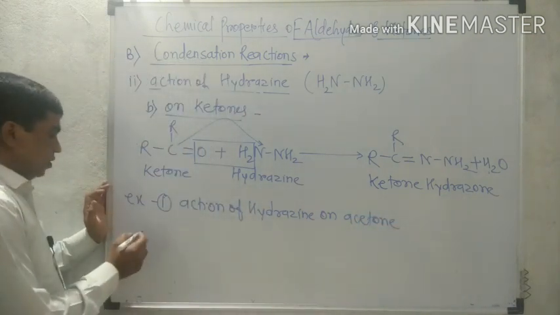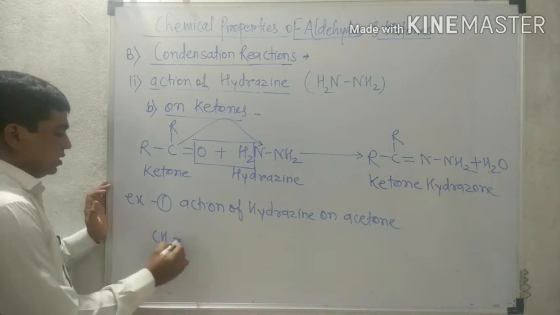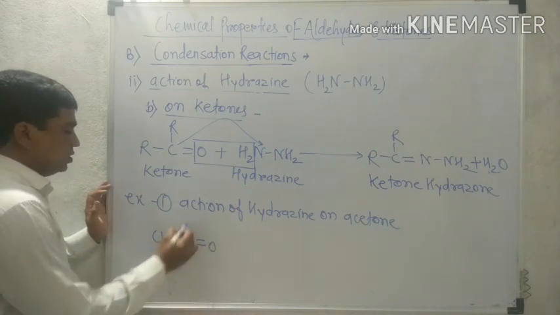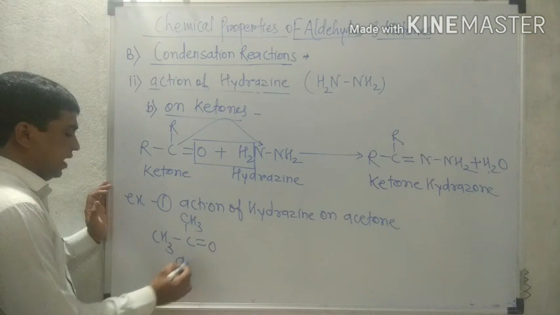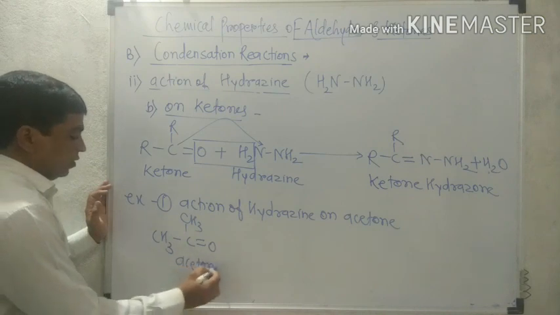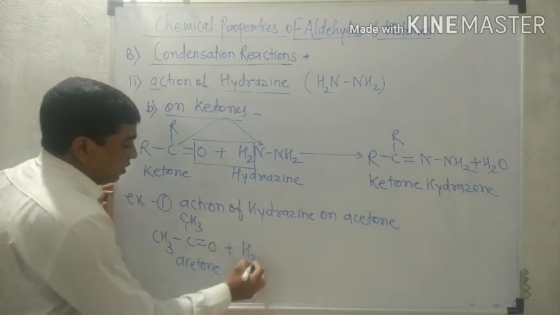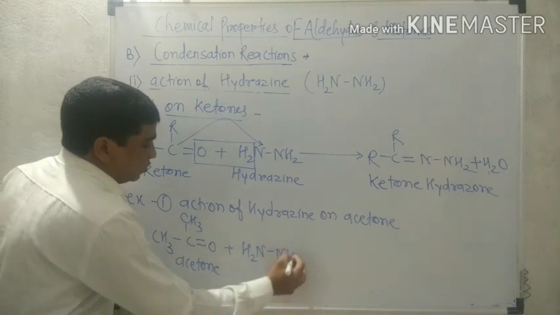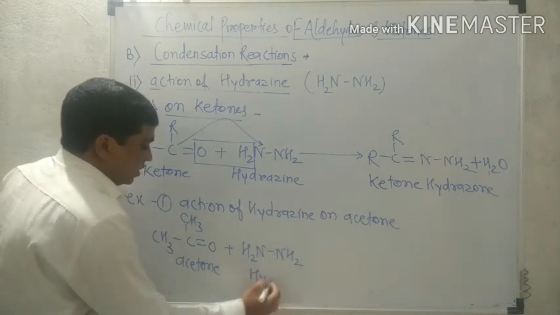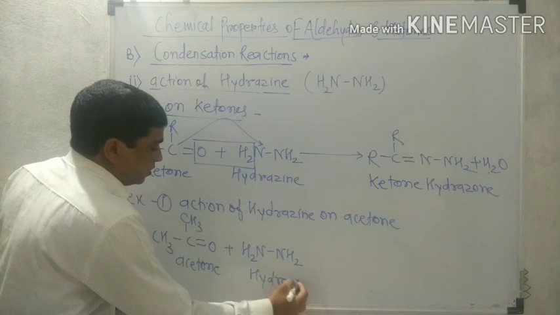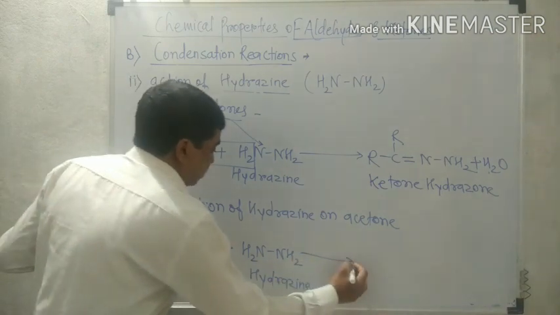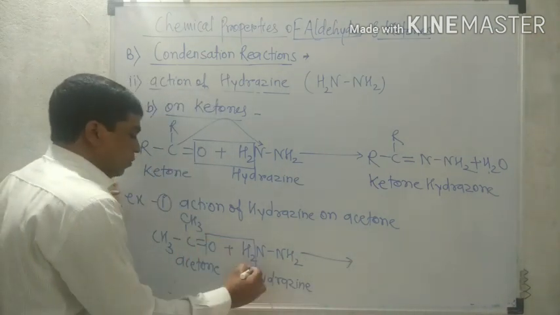Acetone, CH3COCH3. When it reacts with NH2NH2, that is hydrazine, H2O forms as a byproduct.